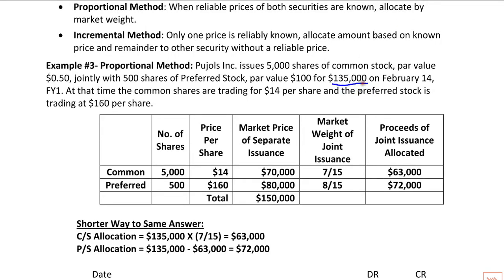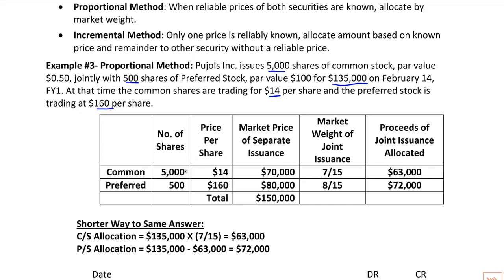We're going to have to allocate that $135,000. It's 5,000 shares of common and 500 shares of preferred. We're going to do the proportional method because it tells us that we have trading numbers, $14 per share on the common and $160 on the preferred.